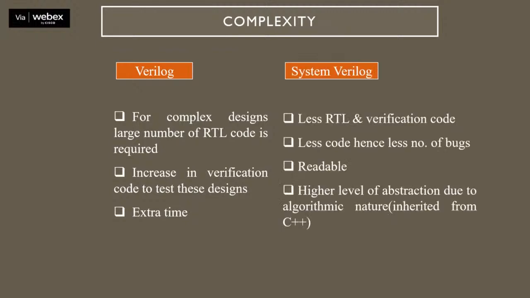But with System Verilog, as you have a very high level of abstraction, you can reduce the amount of code, that is, the verbosity can be decreased, and you can also have fewer bugs, because with the abstraction levels you can have the verification done at the module level in an effective way, and it is also quite readable.